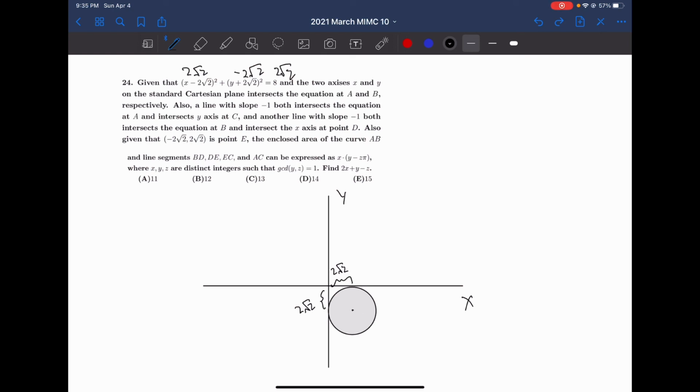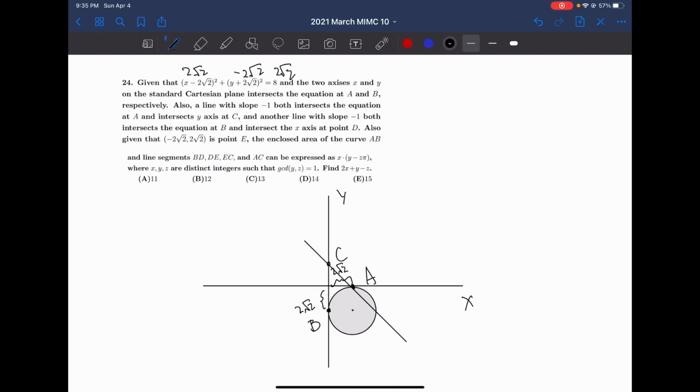So x intersects at A, and we know the coordinate of A. Y intersects at B, and we know the coordinate of B. A line with slope -1 also intersects the equation at A and the y-axis at C. So we can calculate the coordinate for C as well if we do want to do that.